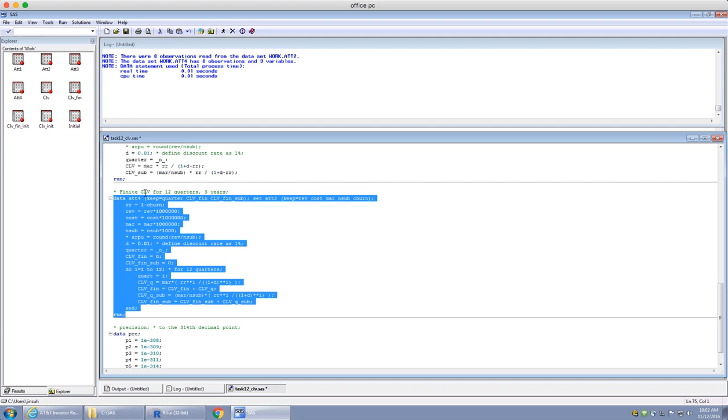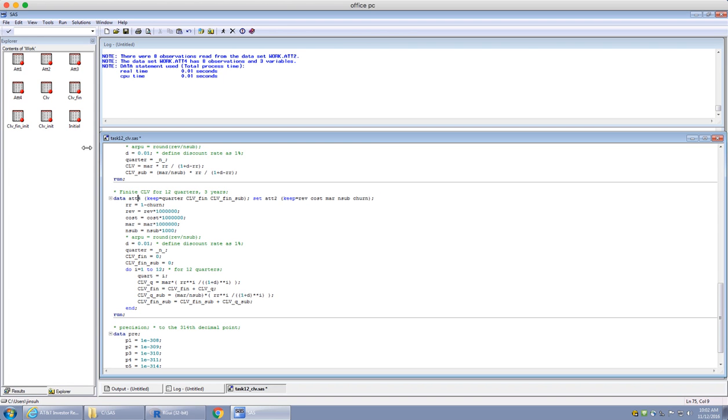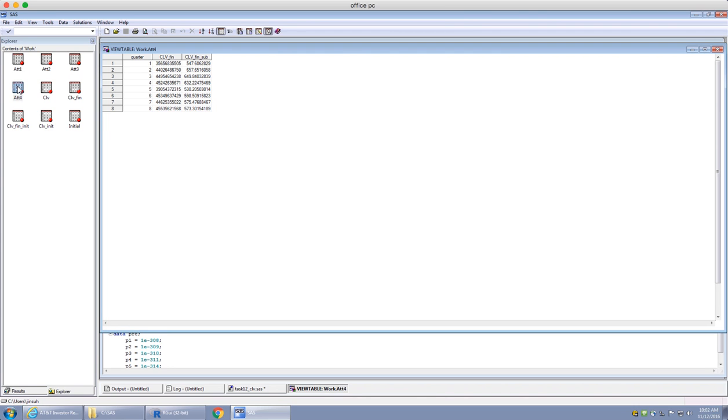I called it AT&T 4. If I go into AT&T 4, now this is the value. For the first quarter, it seems that AT&T is getting a CLV value for 3 years of roughly $550. Very realistic.